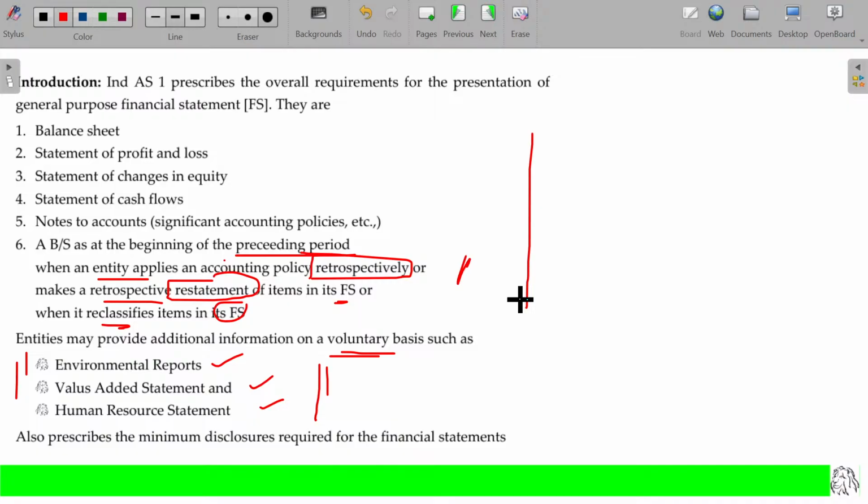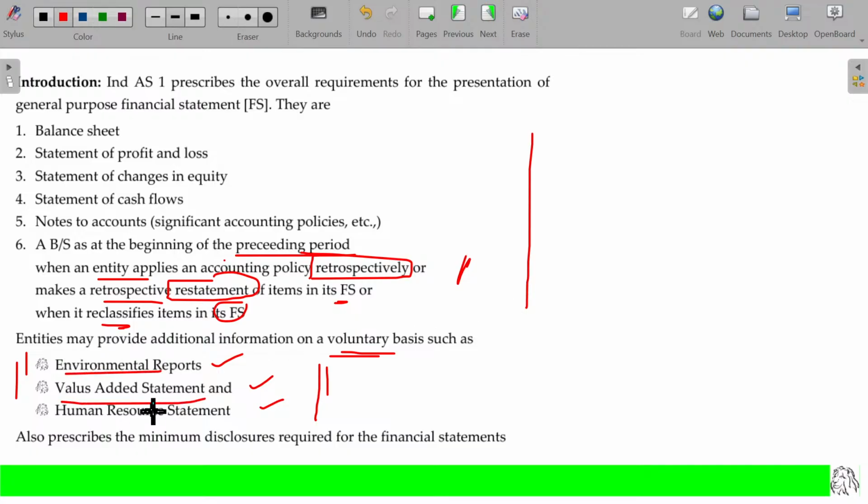So you may see that Coca-Cola and Pepsi say we are conserving water resources by planting so many acres of trees. In the case of ITC, we have depleted so many acres of trees for manufacturing our products like notebooks and everything. To replace this, we have again started constructing forests and all. So that is called environmental reports.